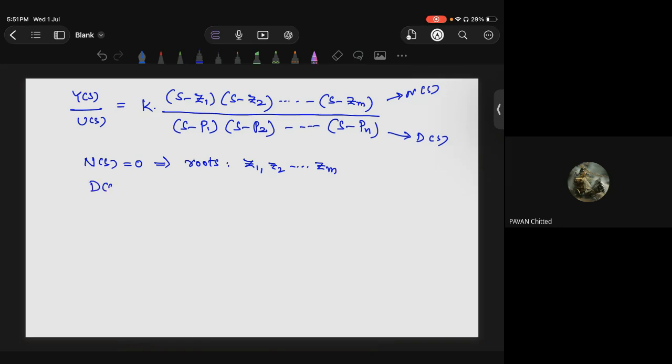And if you take the denominator and make it equal to 0, the roots are nothing but p1, p2, etc., pn, correct?